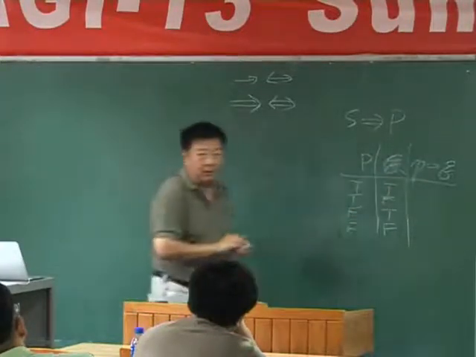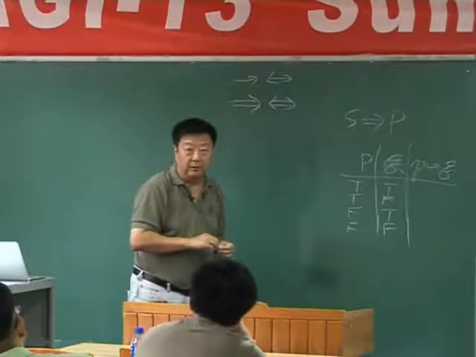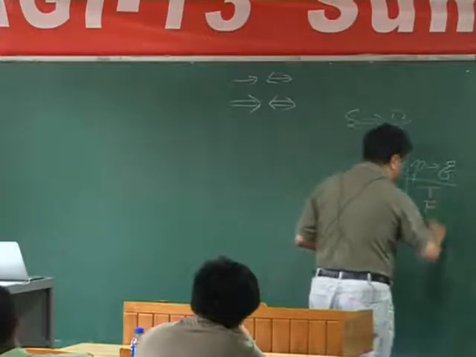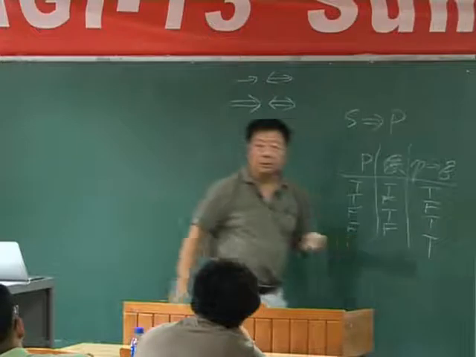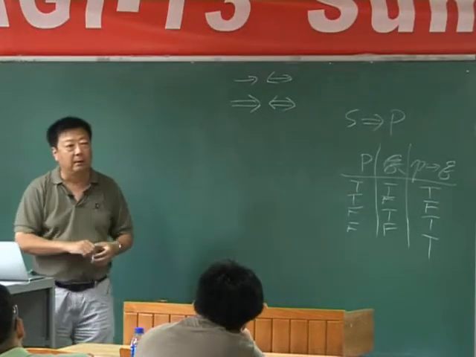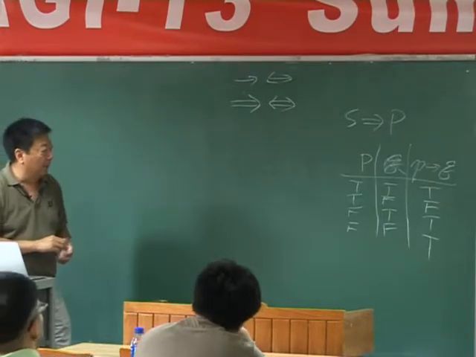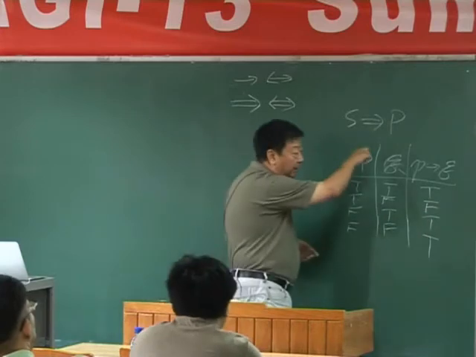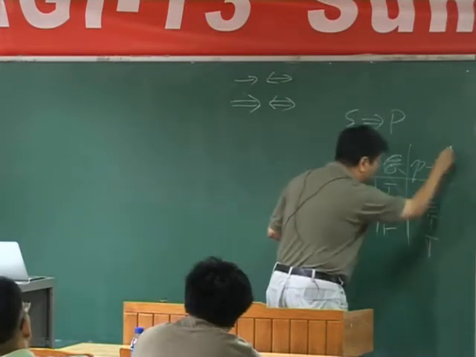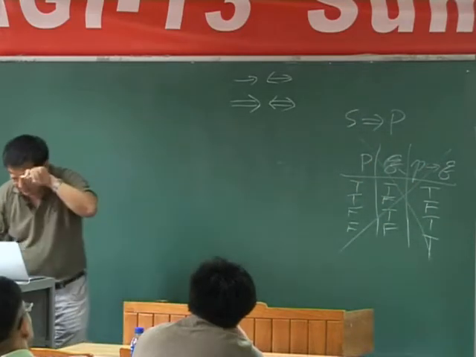P implies Q is false only when P is true and Q is false, right? In all the other situations, it's true. That's the thing you learn on day one in propositional calculus. But this one, even though it also intuitively means if-then, is not defined that way. Let's see how it's defined.